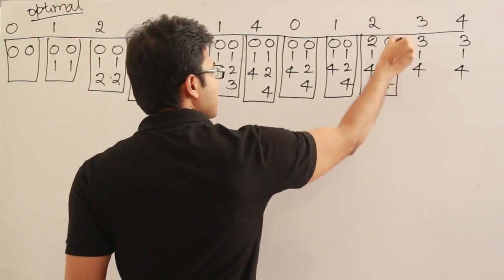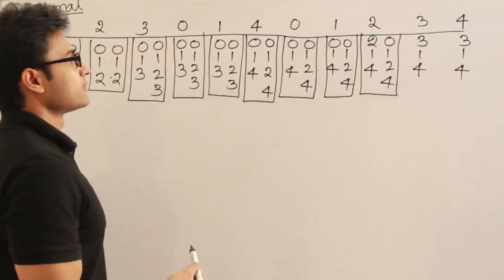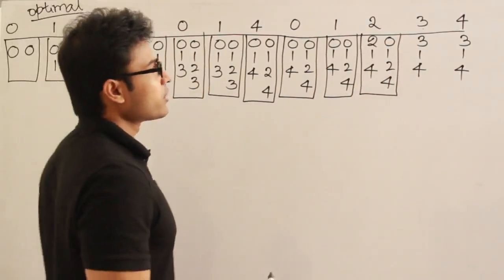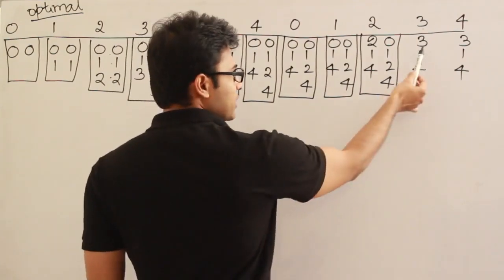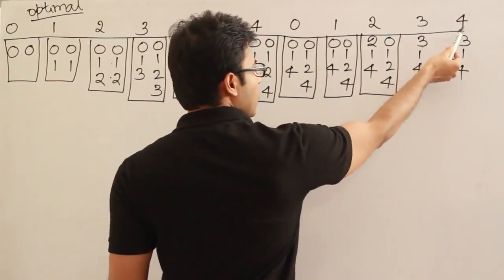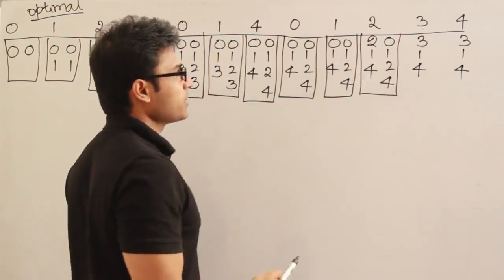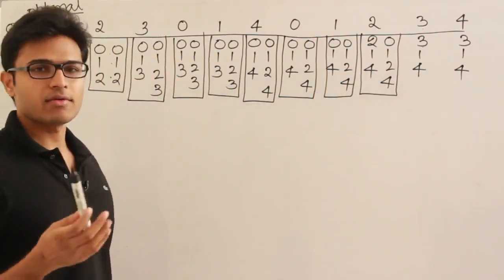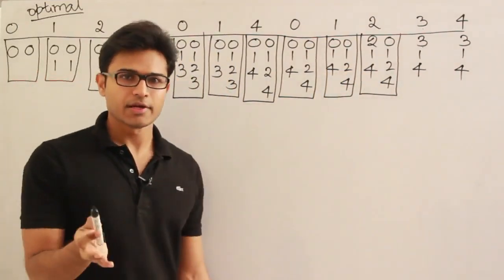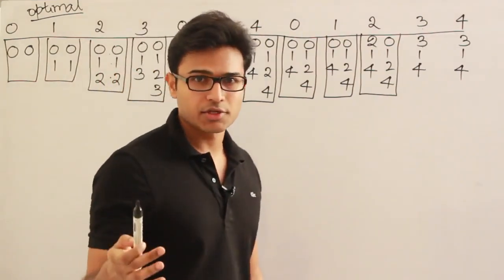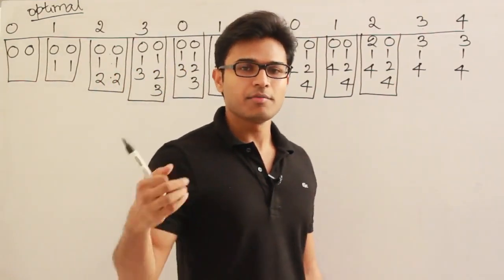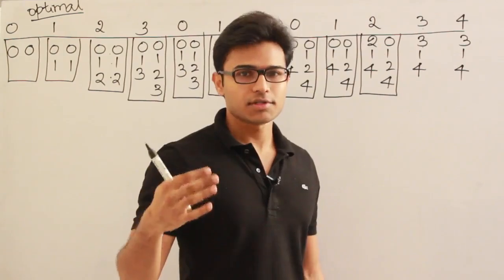And when 2 is referred, 2 is already there, so nothing changes. And when 3 is referred, 3 is not there, so which one are you going to replace? I told you, when 3 is referred, I just want 4 next. I don't want either 0 or 1 or 2, right? So you have 3 choices. I told you that whenever I have 3 choices, it is not the algorithm, it is the implementation. Let us assume that I am replacing the first one.